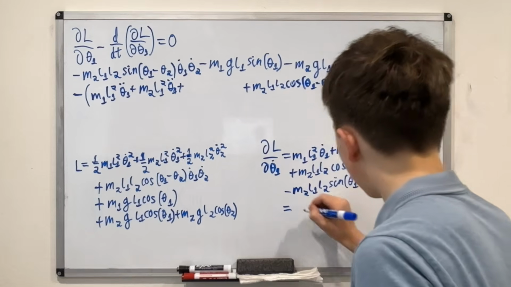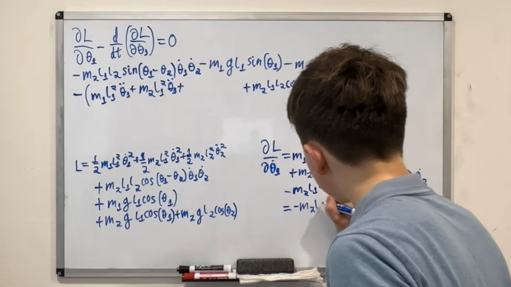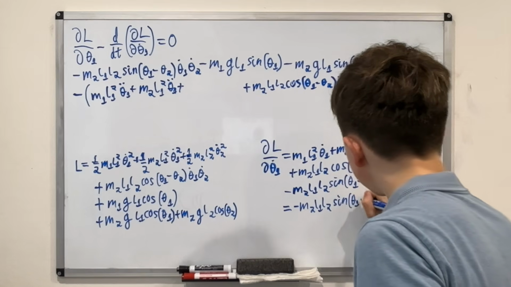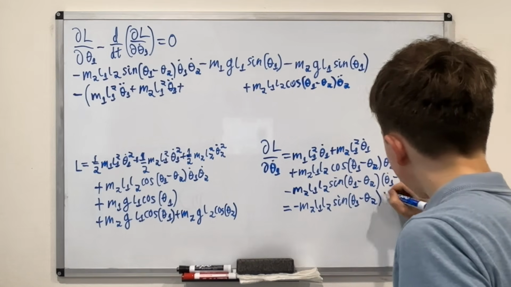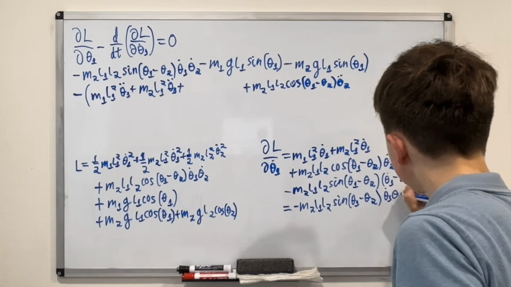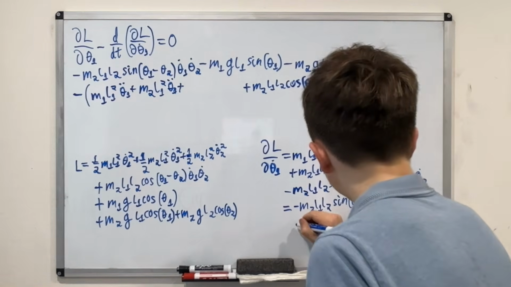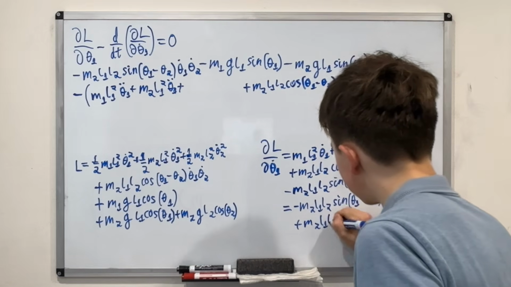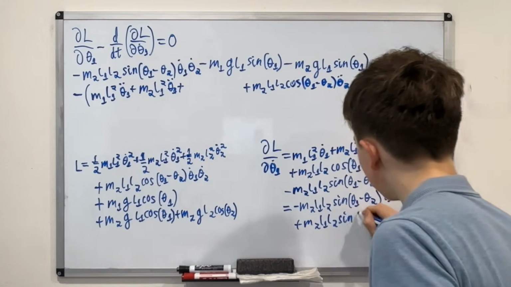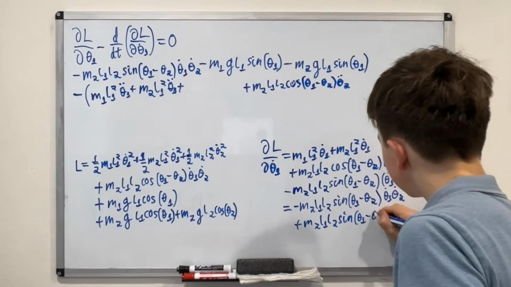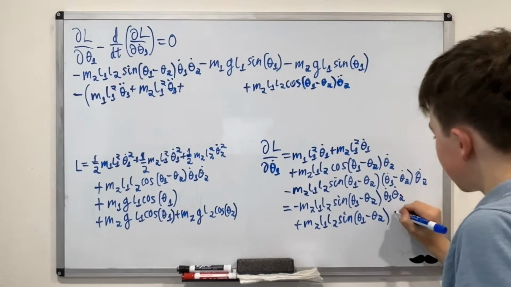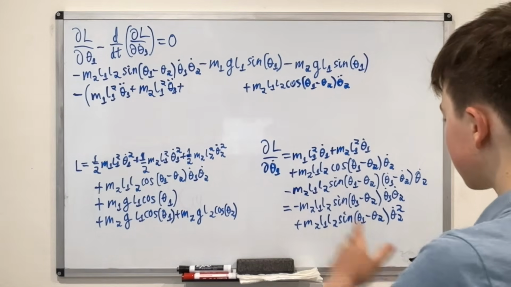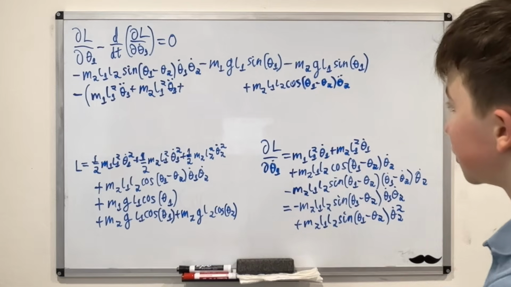So then we're going to have negative M2 L1 L2 sine theta 1 minus theta 2 theta 1 dot theta 2 dot plus, because the negatives cancel, M2 times L1 times L2 times sine of theta 1 minus theta 2 times theta 2 dot squared. So we actually have two terms because of the chain rule.